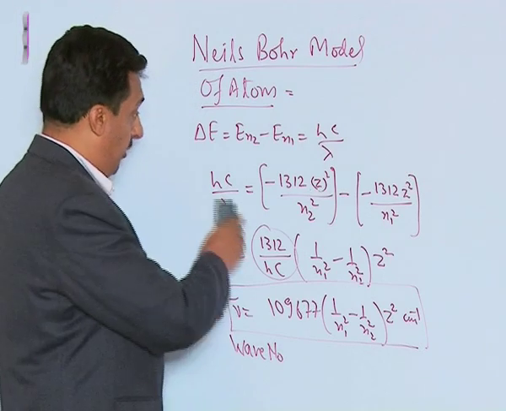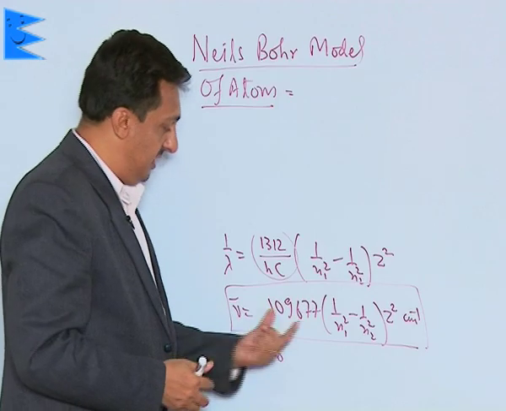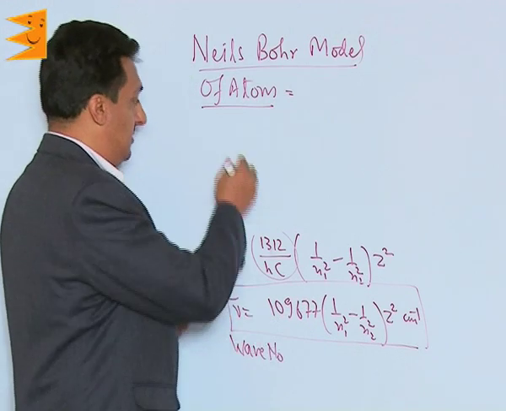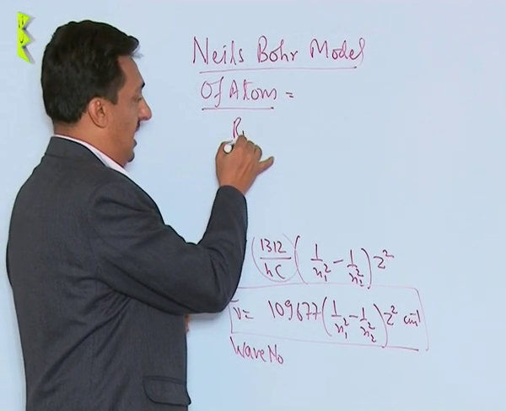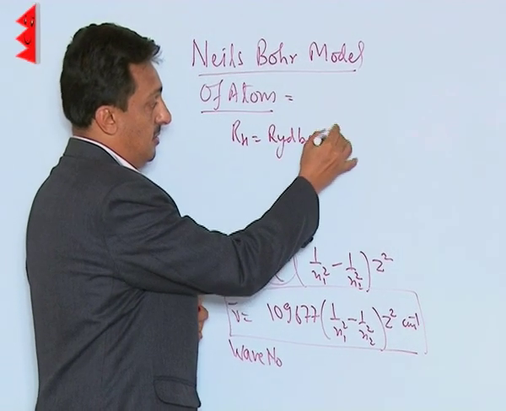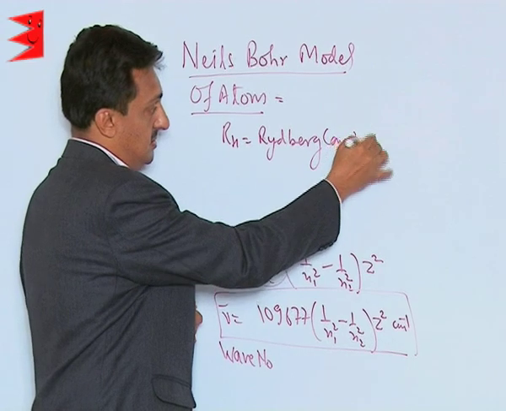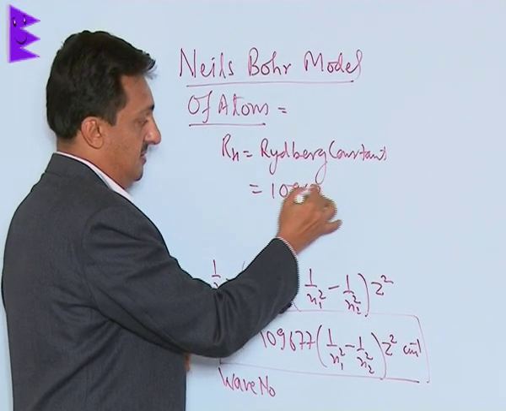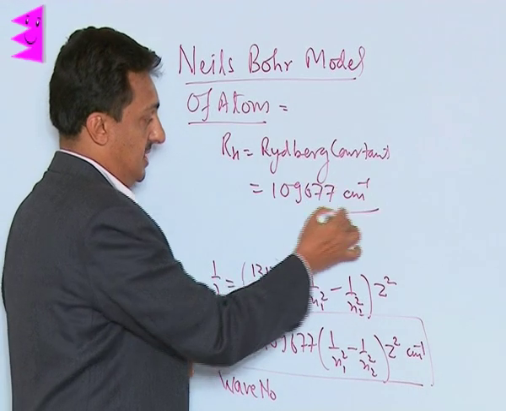What is important to note is, in this way, we have to remember only one constant. This 109,677 is called RH. It's called the Rydberg constant, and its value is 109,677 per centimeter.